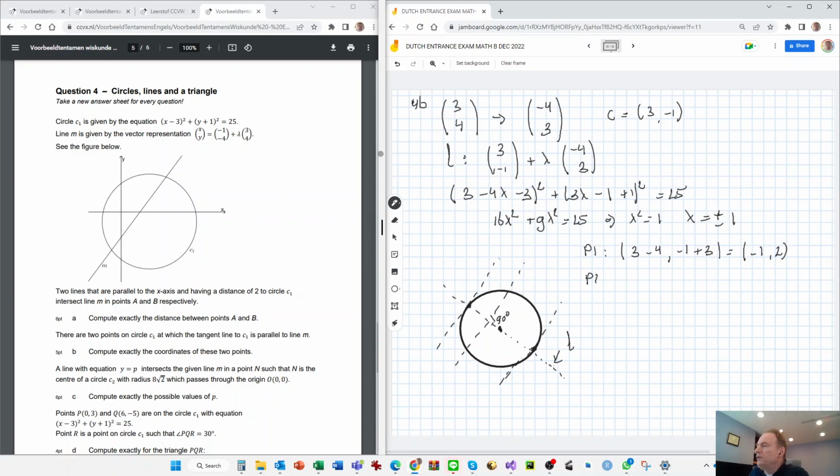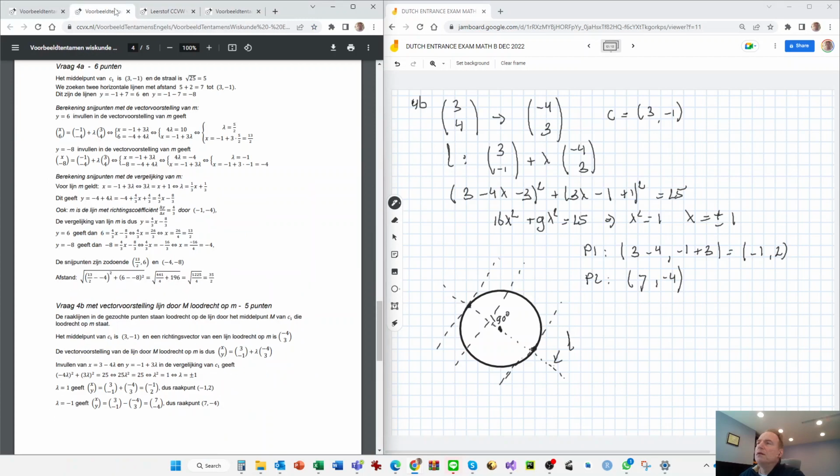And point 2 will be, well, I can just do it right away, 7 and minus 1 minus 3, 7 minus 4. Okay, so these are the right answers then.